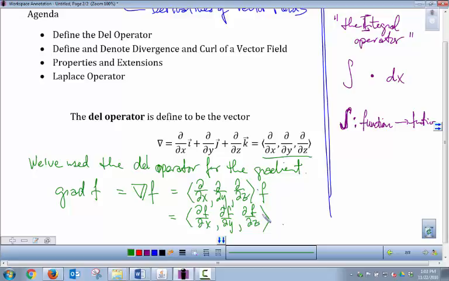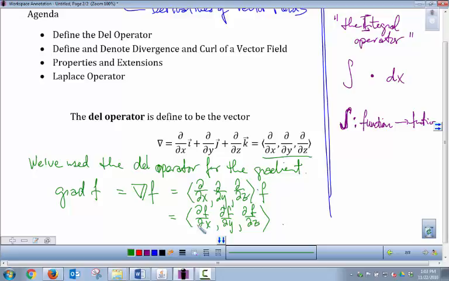So think about this as a vector operating on a scalar function, and then it would just be like a scalar multiplication, except it's not being multiplied, it's being operated on. Okay?